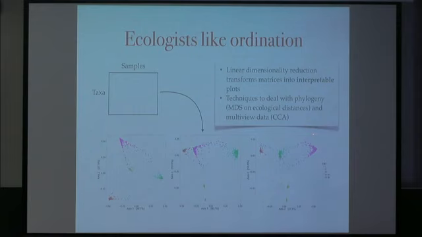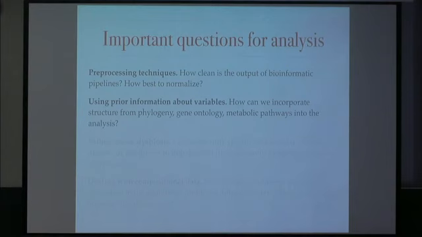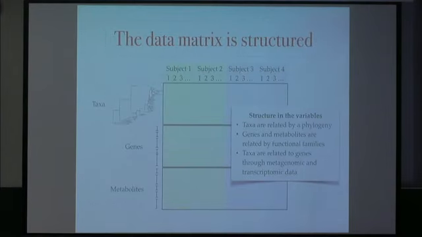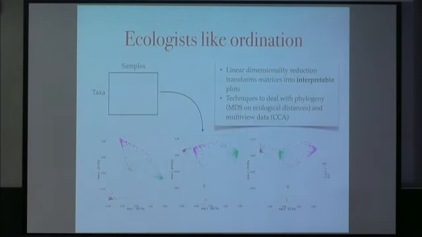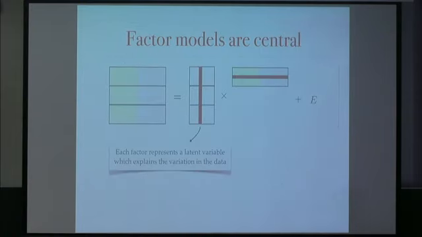And there are also approaches to study this type of multi-view data where you have data about taxa, genes, and metabolites, like canonical correspondence analysis, canonical correlations analysis. There's this whole battery of methods that have been applied.